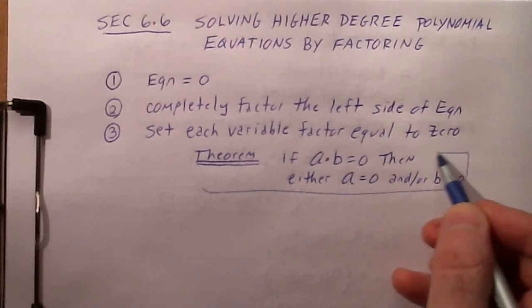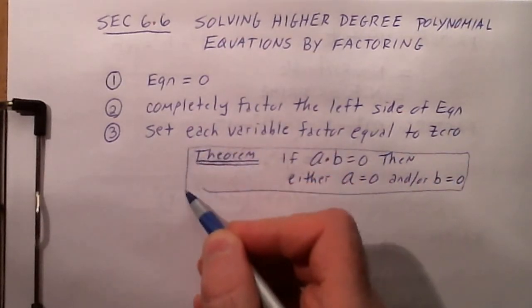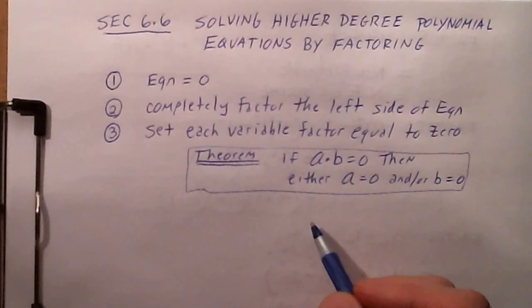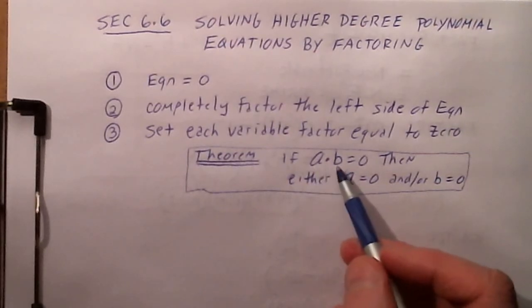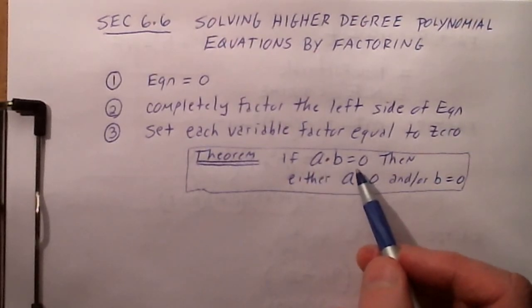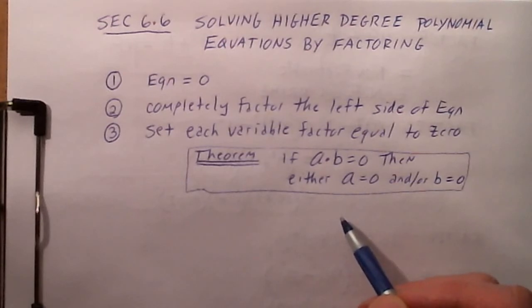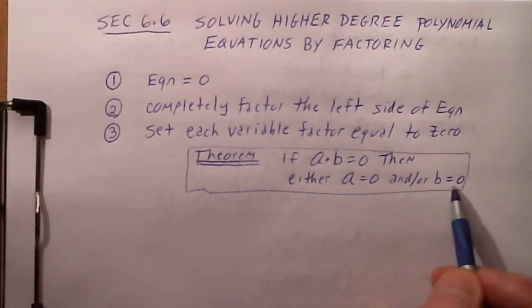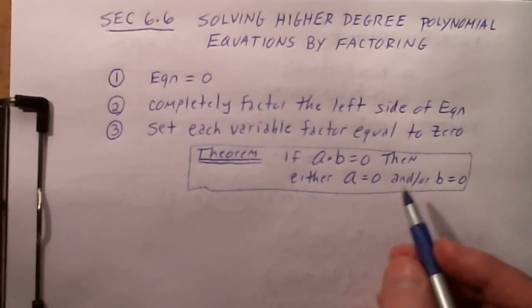This is a very easy to understand theorem, unlike most of them. This one makes sense. Whenever you multiply two things together and you get a product of 0, this theorem goes on to guarantee that at least one of your factors has to be 0. That kind of makes sense.